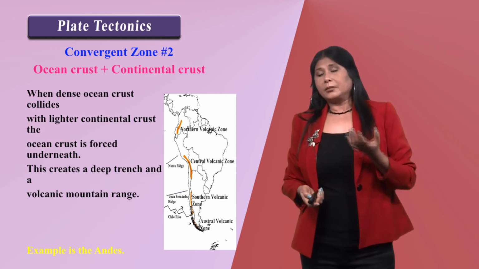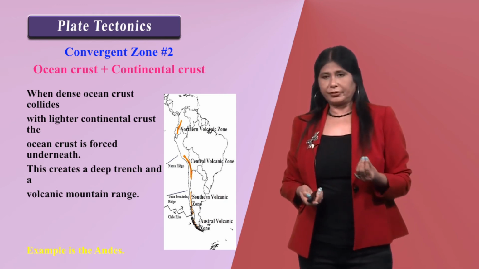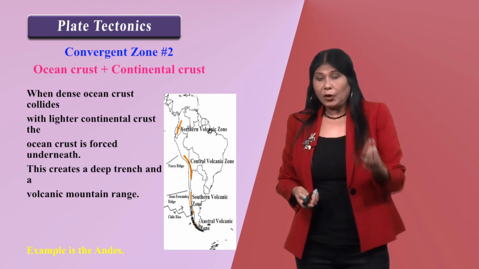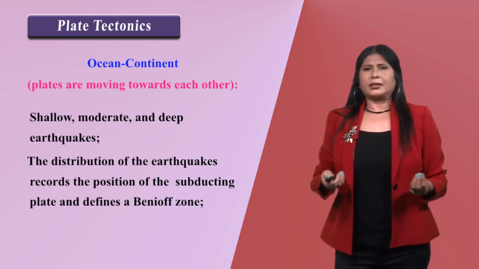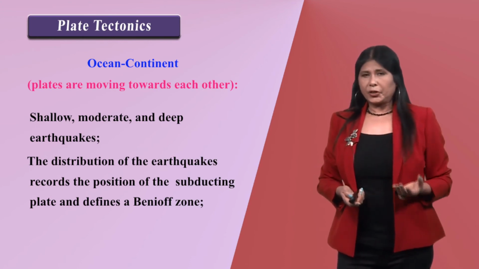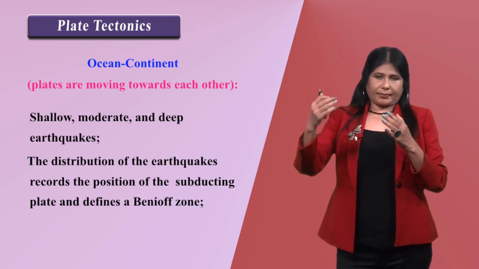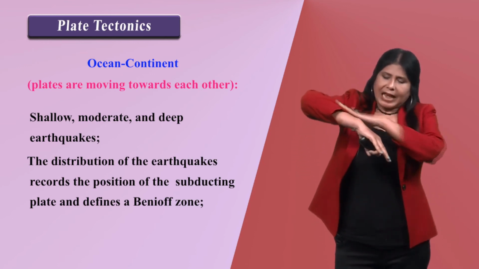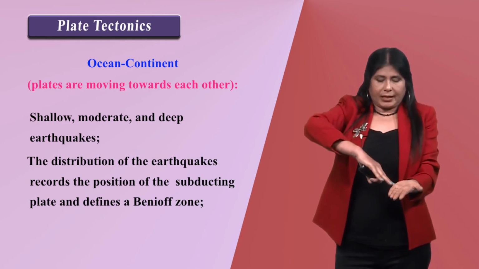This rock is called the andesite, which is formed because of the melting of the slab. These are the pillow lavas. Ocean and continent, shallow and moderate and deep earthquake. Benioff zone is, as the slab is going down, a point comes.